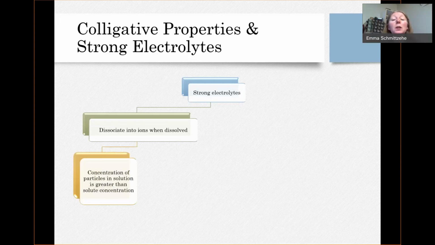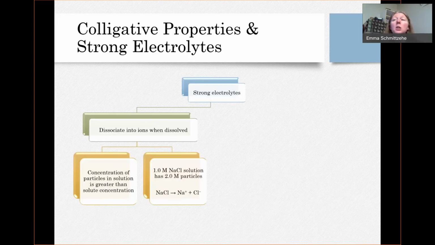Usually when we talk about a solution's concentration, we talk about it in terms of the intact thing, whereas solute particle concentration could be higher. For a strong electrolyte, it is definitely higher. For instance, sodium chloride is a strong electrolyte. So if I have a 1 molar sodium chloride solution, in reality, I have a 2.0 molar solution of particles.